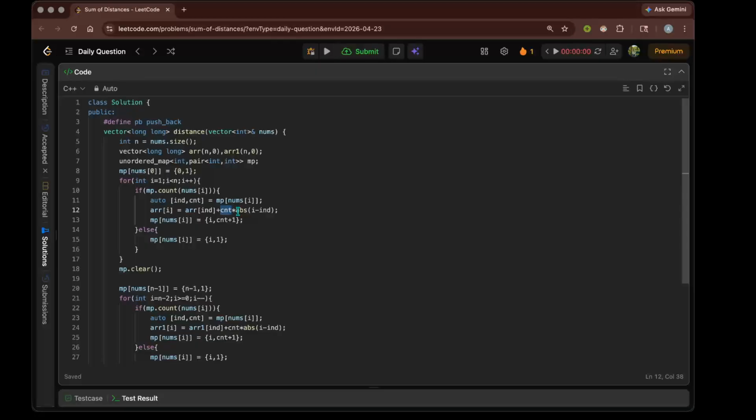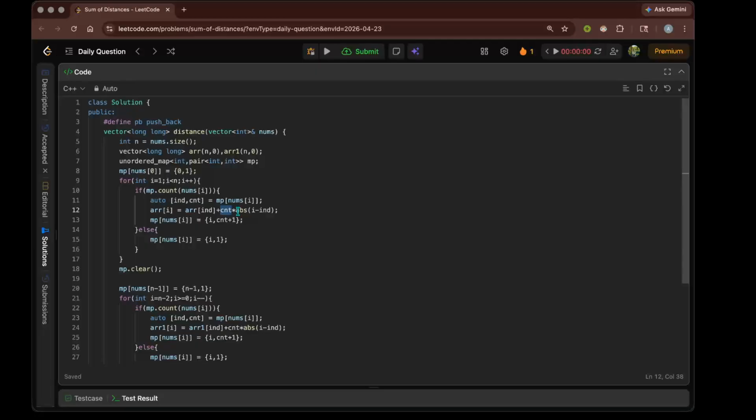We stored a pair of int comma int, like index and count, so it's four times, and 4 into what is the difference? 3 minus 3, that's 12. So if you see 3 plus 4 plus 5 plus 6, what is, oh, wait, 3.